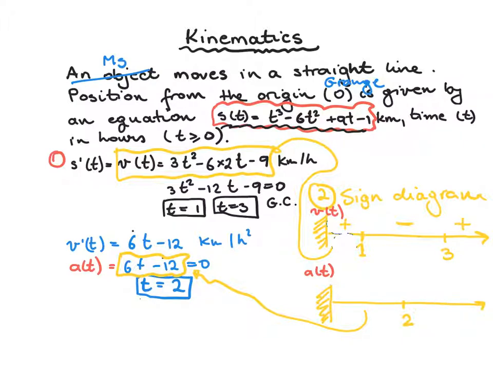For example, if we choose the number 1, 6 times 1 is 6, take away 12, it's a negative number, so it's negative here. If you choose a number bigger than 2, it should give you positive. So this is now the sign diagram for those two functions.